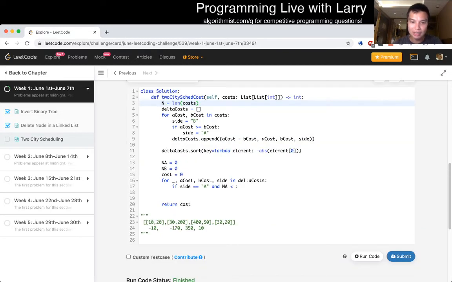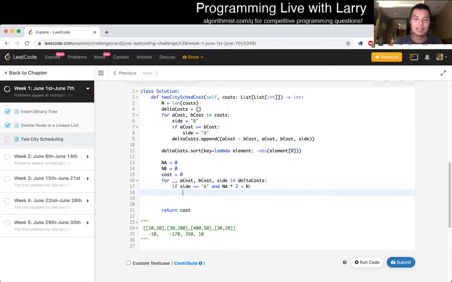So if NA times 2 is less than N, what this is basically saying is that N over 2 is greater than NA, kind of roughly. Basically, it's saying that if half of the numbers are not yet in A, then we'll put it on A. Because if A has too many numbers, that means we'd overflow, so we have to put some on B, even if it costs more.